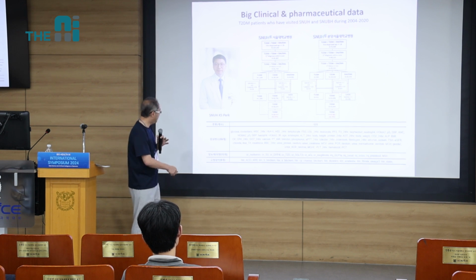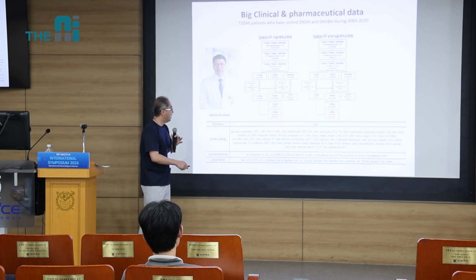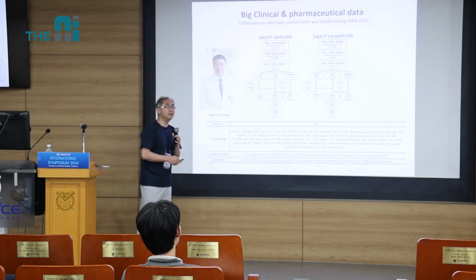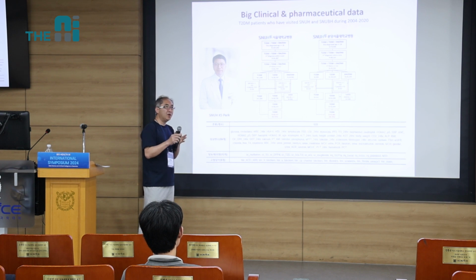I listed some of them, sorry for the Korean. We carefully reviewed this because we used patients who visited these two institutions from 2004. At the time, the regular visit was there because they had to get the prescription for the drugs they have to take.